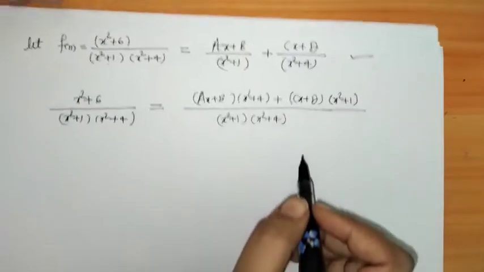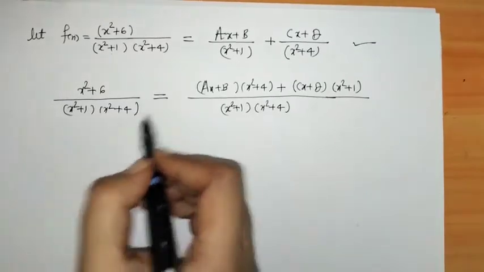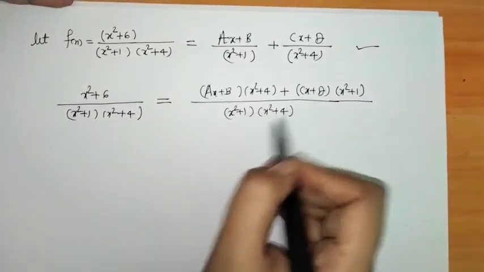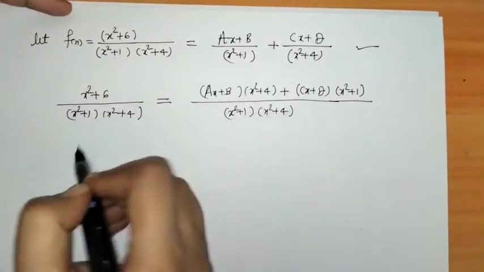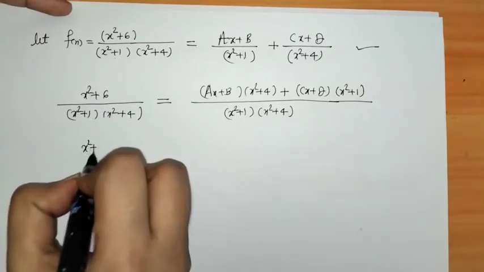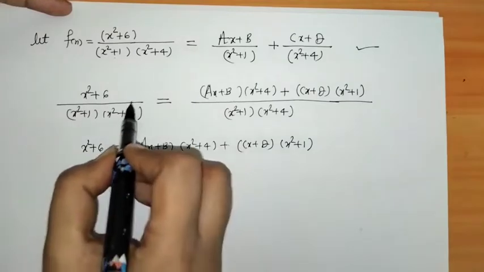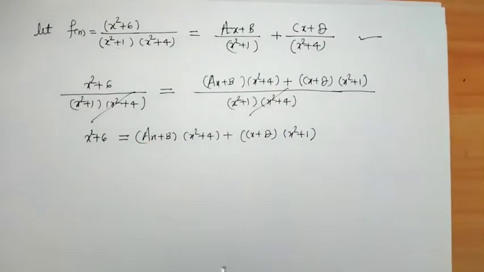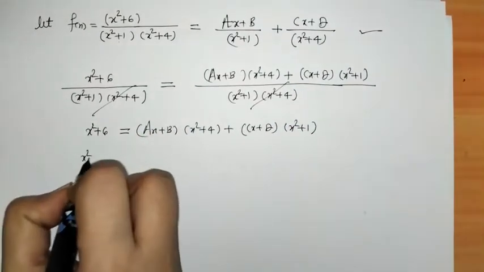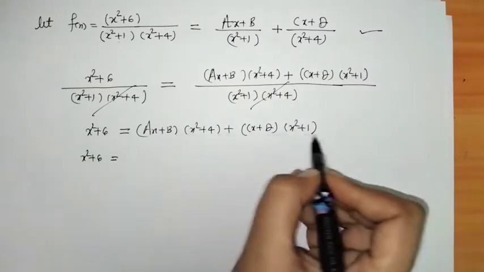Both denominators are equal, so we can cancel them out. Now we have to simplify this.